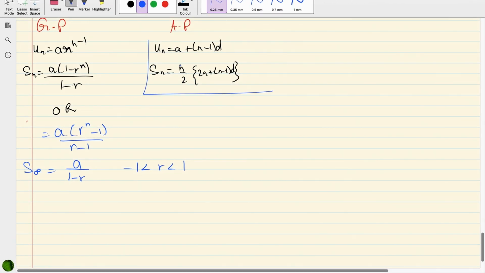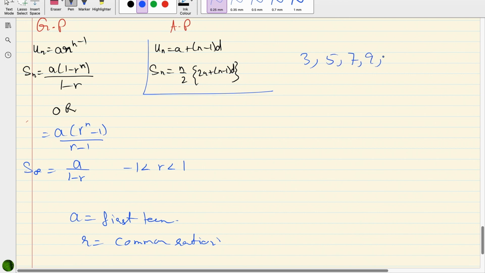So you've already seen what a, d and n is in AP, and in GP a is the same, the first term. r is the common ratio. In AP, d was the common difference, like 3, 5, 7, 9, 11. d in this case was 2, a in this case is 3, common difference was 2.